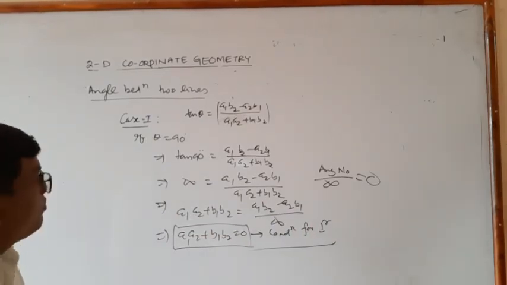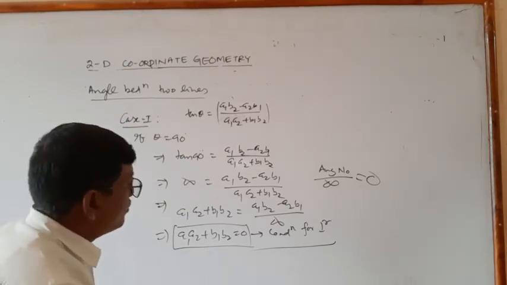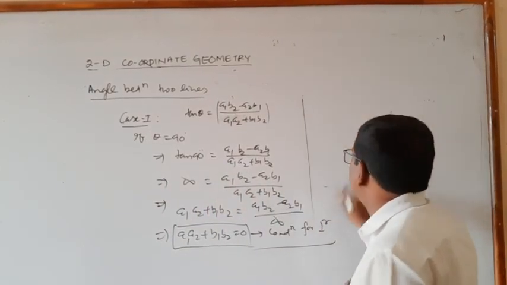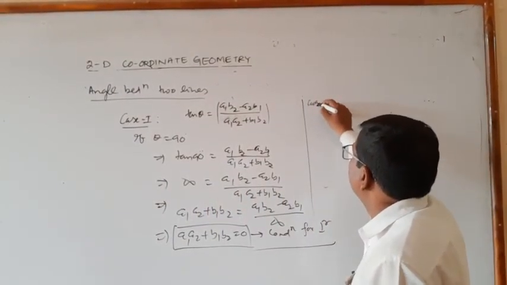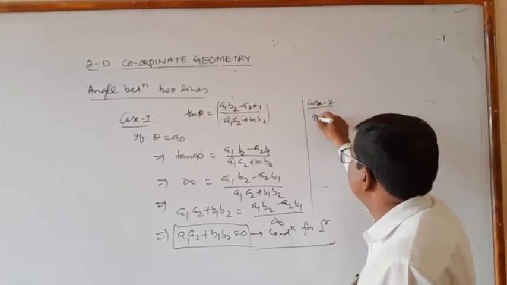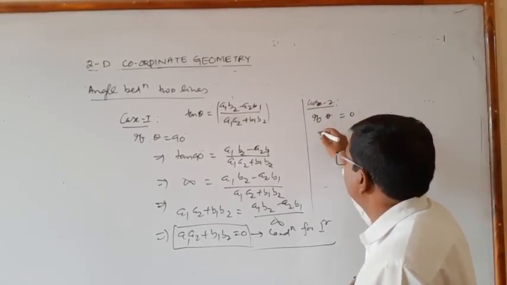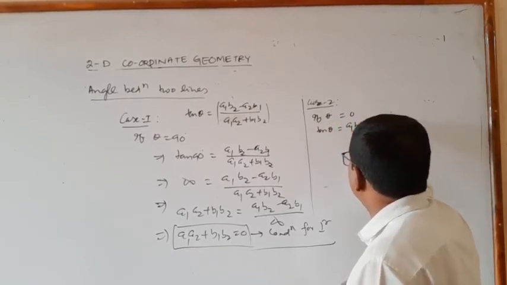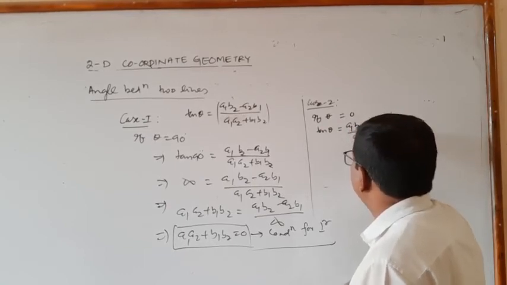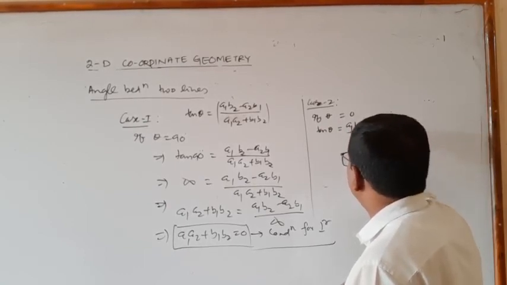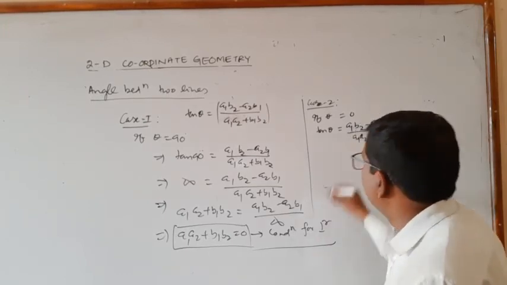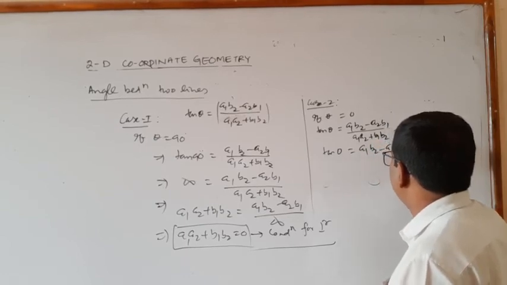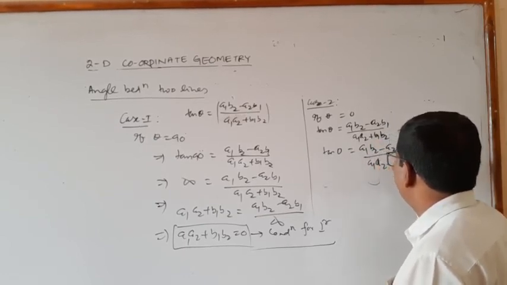What is the condition for parallel? If theta is equal to 0, tan theta is equal to a1 b2 minus a2 b1 by a1 a2 plus b1 b2. And theta equal to 0 means tan 0 is equal to a1 b2 minus a2 b1 divided by a1 a2 plus b1 b2.